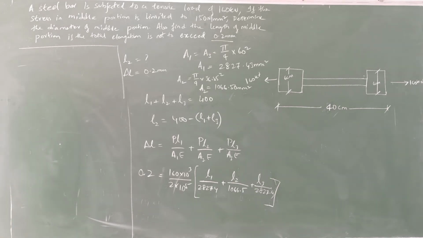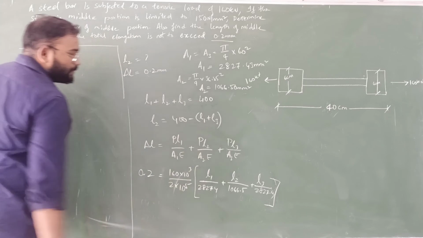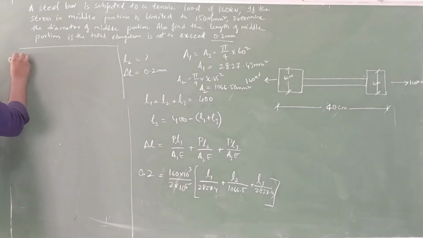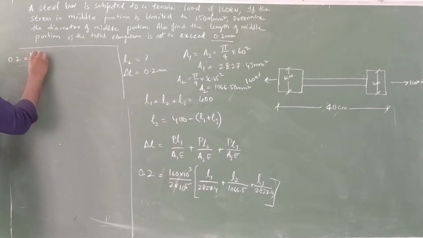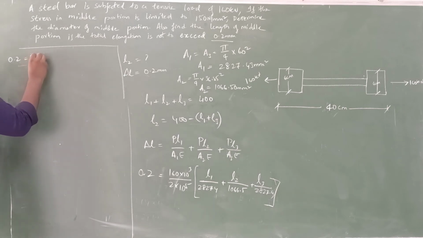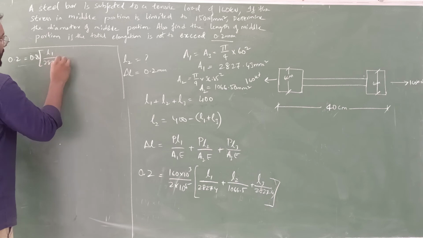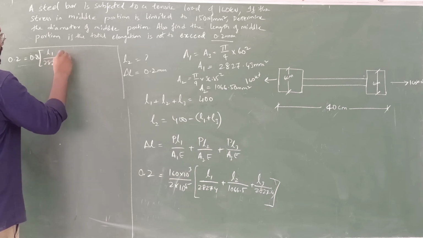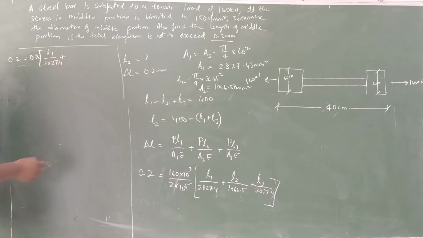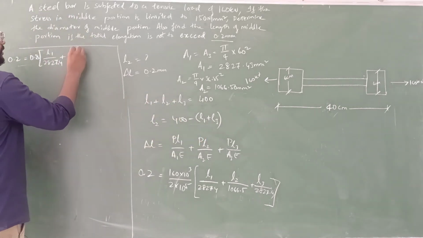L2 is equal to 400 minus this value. So 0.2 is equal to 160 into 10 power 3 divided by 2 into 10 power 5, which is 0.8, into L1 by 2827.4 plus L2 by 1066.5 plus L3 by 2827.4. L2 is equal to 400 minus L1 plus L3.